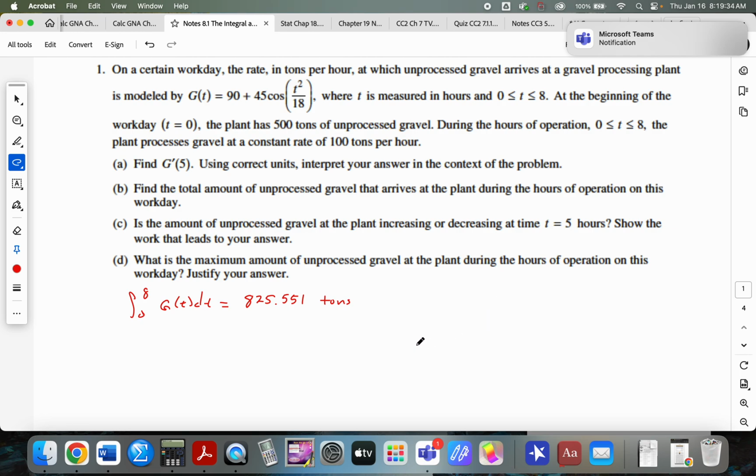So, they've given us the rate in, g of t, and they've given us the rate out. It's processed at 100 tons per hour.